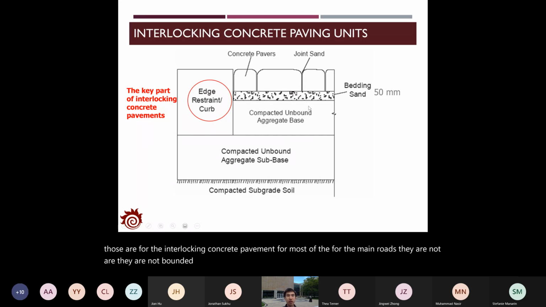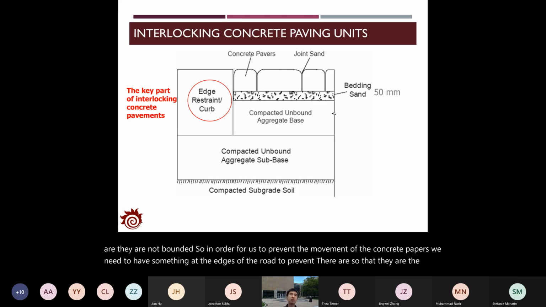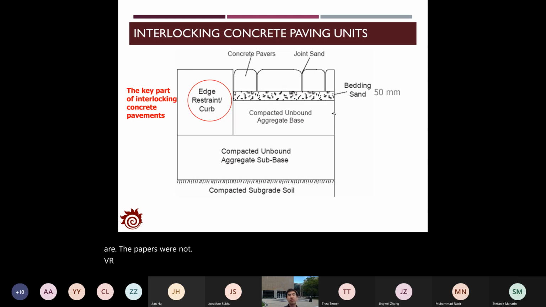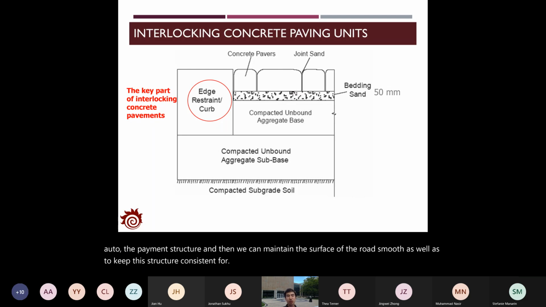So in order to prevent the movement of the concrete pavers, we need to have something at the edges of the road so that the pavers will not be moved out of the pavement structure, and we can maintain the surface of the road smooth, as well as keep the structure consistent for a certain period.